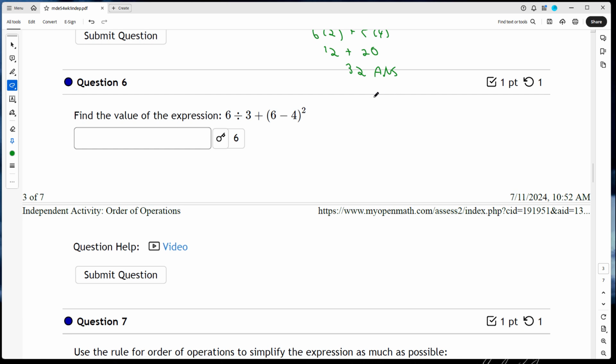Here's another one here. So I'll write PEMDAS at the top. Write the expression underneath it. Parentheses, take care of the parentheses first.